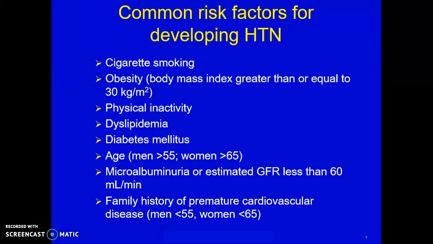Patients that have kidney problems, which we won't get into as much this semester, but a glomerular filtration rate less than 60. Sometimes you'll see that lab, or you might see microalbuminuria in the urine, and that gives you an idea that there might be a problem with this type of disease developing. Also, family history of premature cardiovascular disease, because we know there are some genetic factors to this.